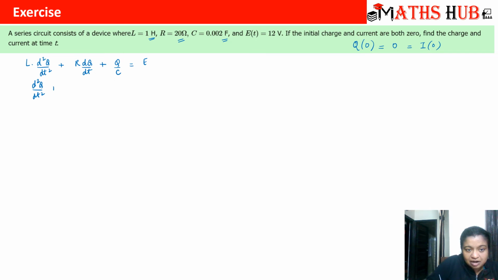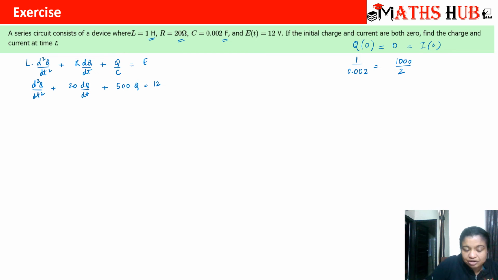Then we have R. R is 20 ohms. So it is 20 into dq by dt plus 1 by C. So let's quickly calculate what is 1 by C. So we have 0.002. So this is basically 1000 by 2. So that is 500. So we get 500 Q is equal to 12.